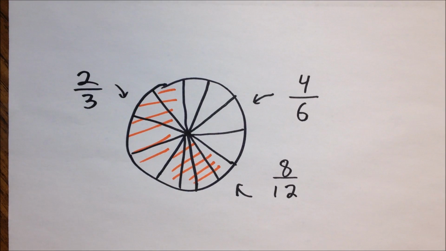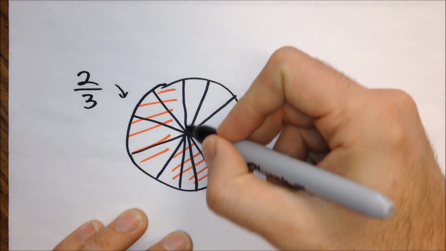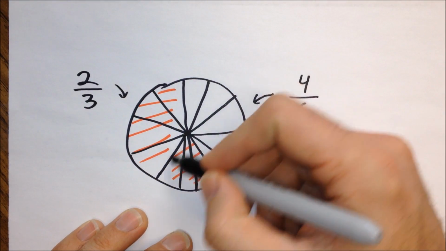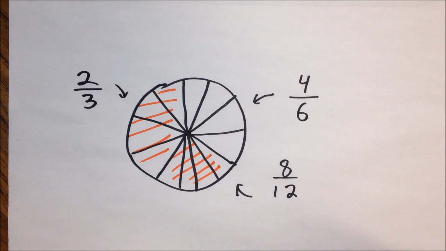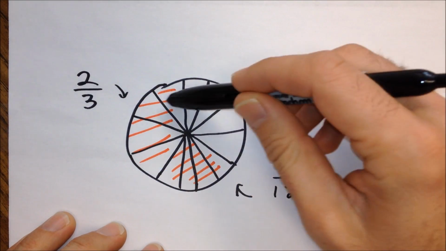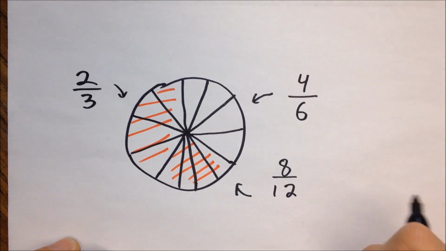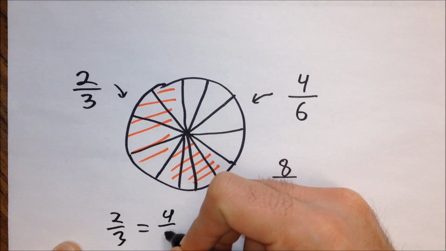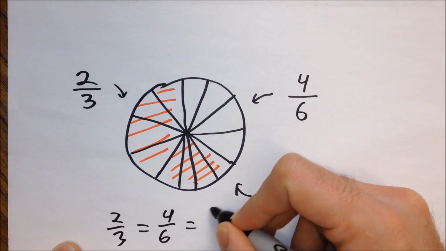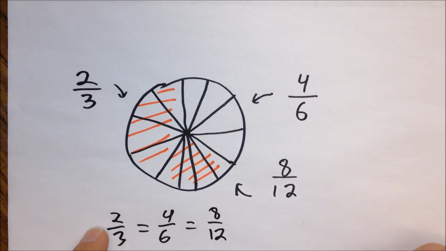So what we see is that when we took our original amount, which was 2/3, and which was 3 pieces, and we were counting 2 of them, when we subdivided those pieces and made more and more pieces of the same size, we got equivalent fractions. And so we actually have 3 numbers here: 2/3, 4/6, and 8/12 that all are the same number.